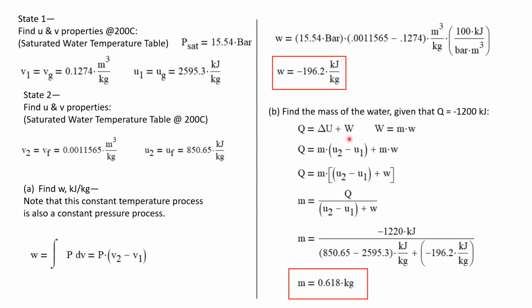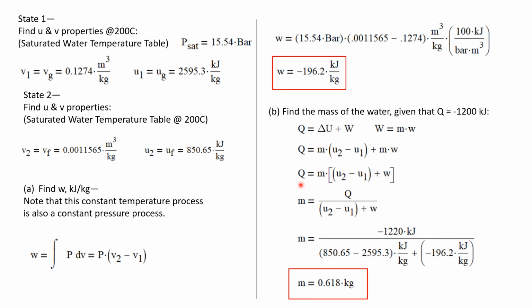We have our original equation. Q is delta U plus W. I can rewrite delta U as the mass times the change in specific internal energy. And I can write W, capital W, as the mass times small w. Now I'll factor the mass out of the right side of this expression.